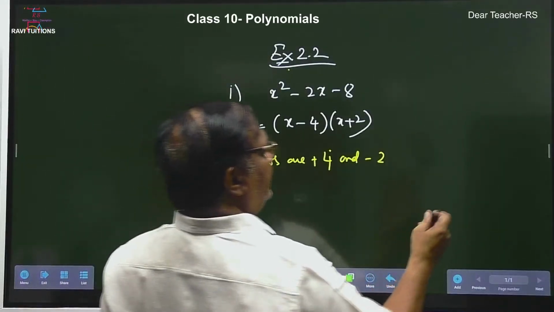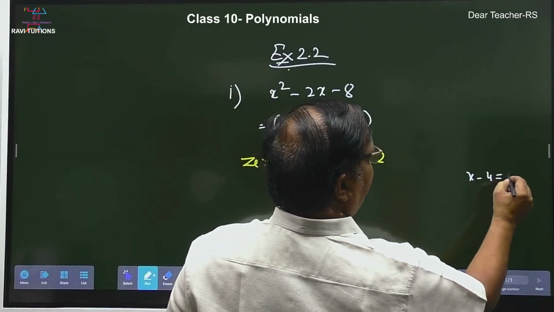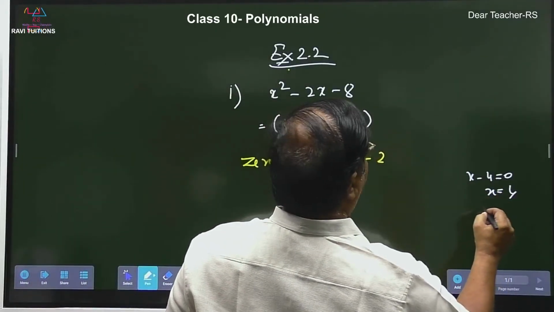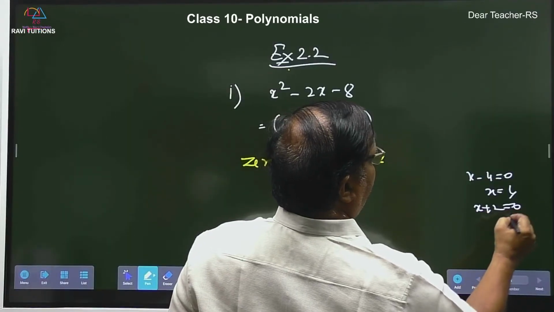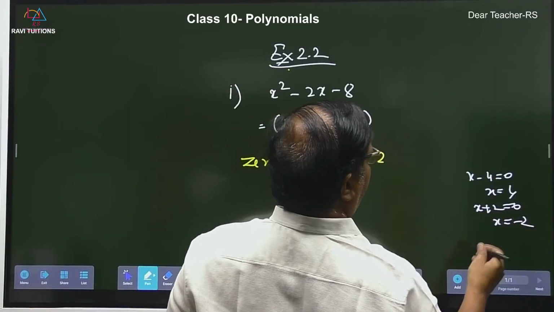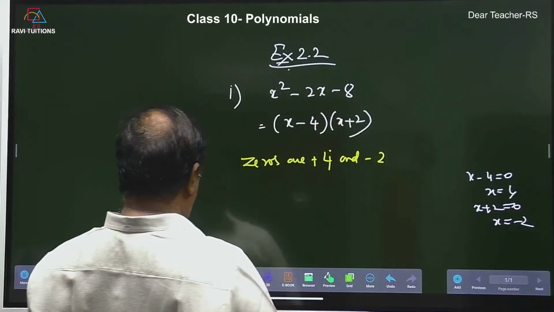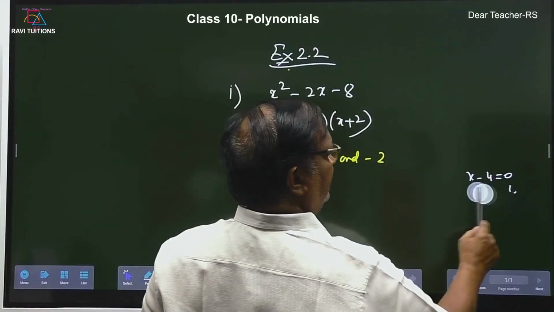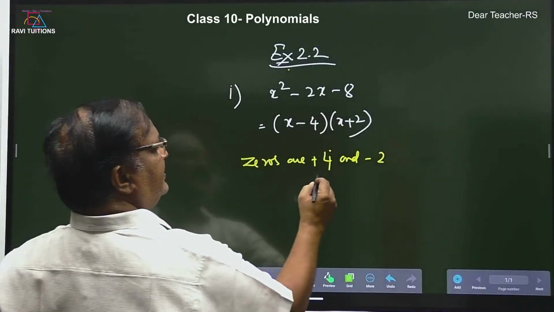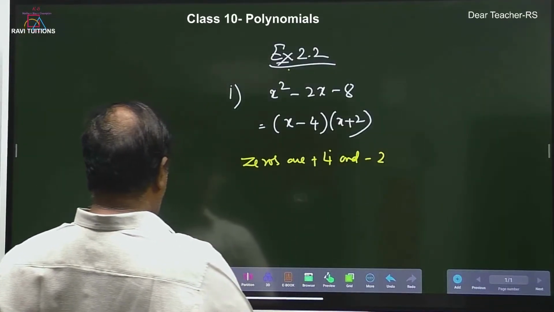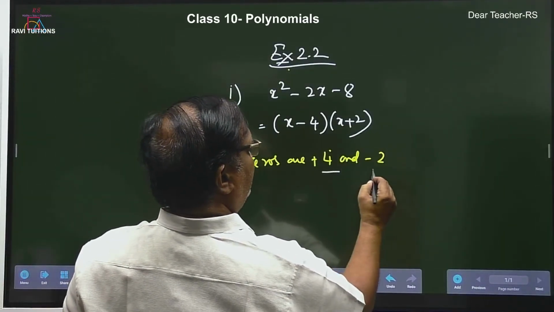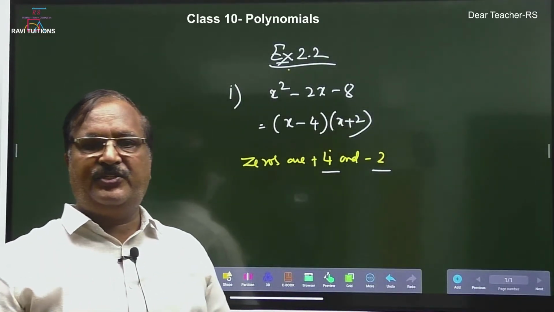That means you have to write like this here: x minus 4 is equal to 0, x is equal to 4, x plus 2 is equal to 0, x is equal to minus 2. So we got it. First task is over. Zeros are 4 and minus 2.